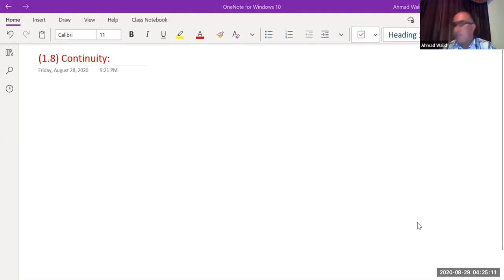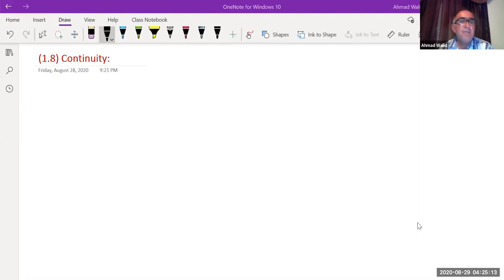Let's write first a simple definition in 2-3 sentences, then I'm trying to give you a mathematical notation for how to know a function is continuous. Let's start with the simple definition.